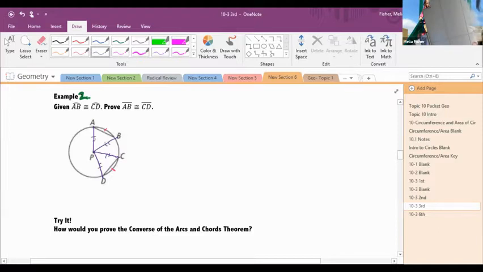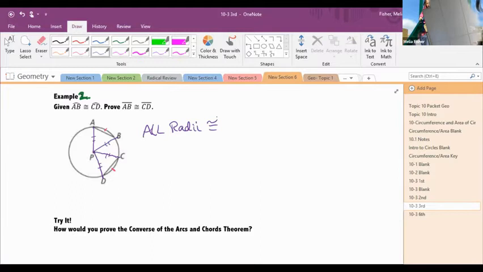Thank you, Aaron. Okay, so we basically know that all the radii from the same circle are congruent, right? And then, Aaron, you actually started to say something about our central angles. Yeah, if the central angle is congruent, then the chord has to be congruent. Okay, we did learn that.